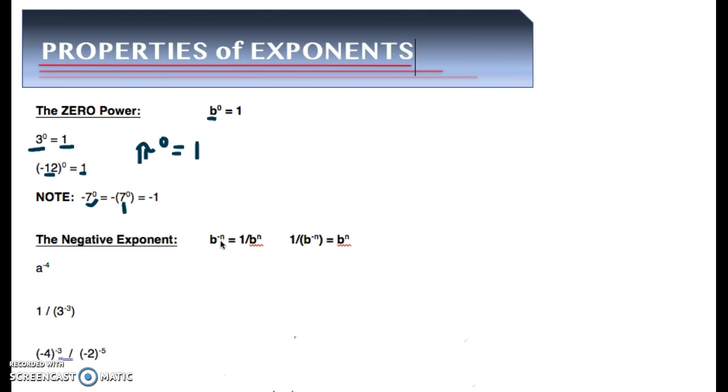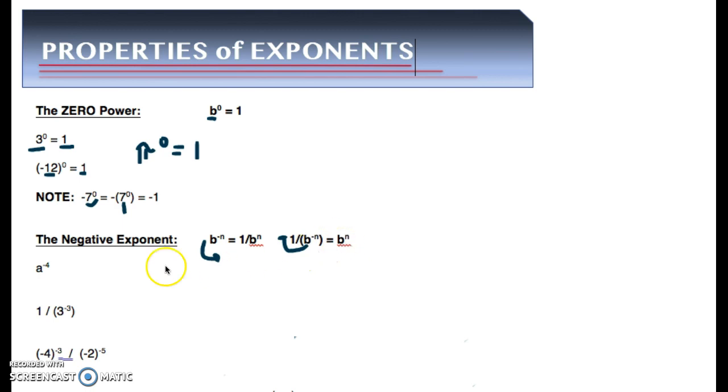Anytime you see a negative exponent, the rule is that if it's in the numerator, it's going to go down to the denominator and the exponent will become positive. In this case, I have b to the negative n in the denominator, which means move me, flip me, and put me in the numerator. My final answer will be b to the n, positive n, in the numerator.